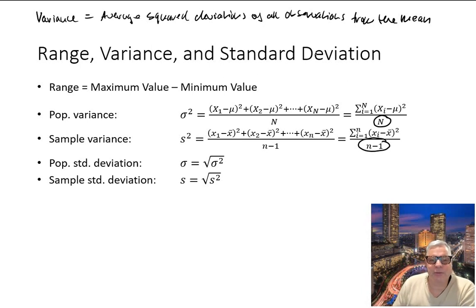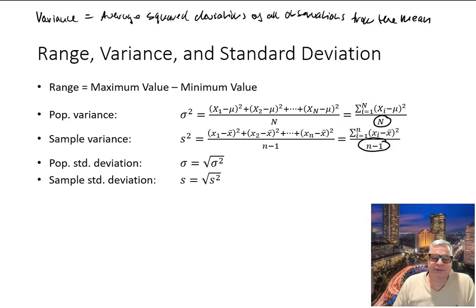So the variance, again, is the average squared deviation of all observations from the mean. Well, people typically don't want to know what the average squared deviation is from the mean. People would like to know, what is the average deviation from the mean in absolute terms?